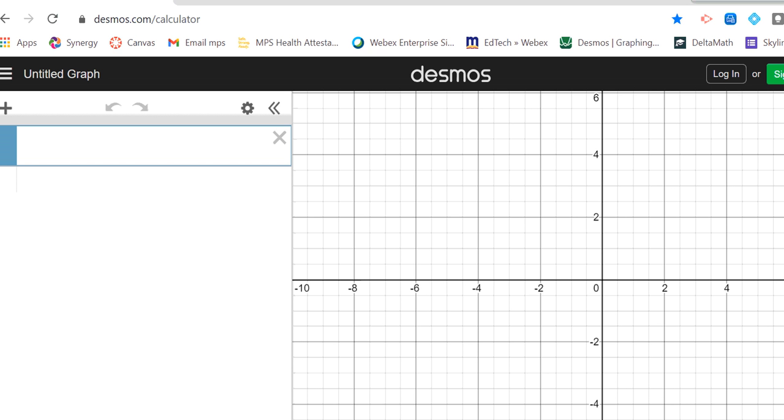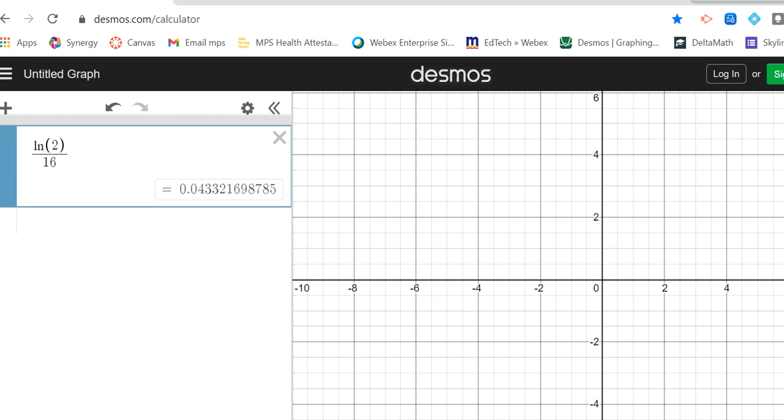If I type in ln, parentheses, 2, parentheses, divided by 1600, that's what you get. On the calculator, it gives it to you in scientific notation. It has the little e at the end, so be careful.